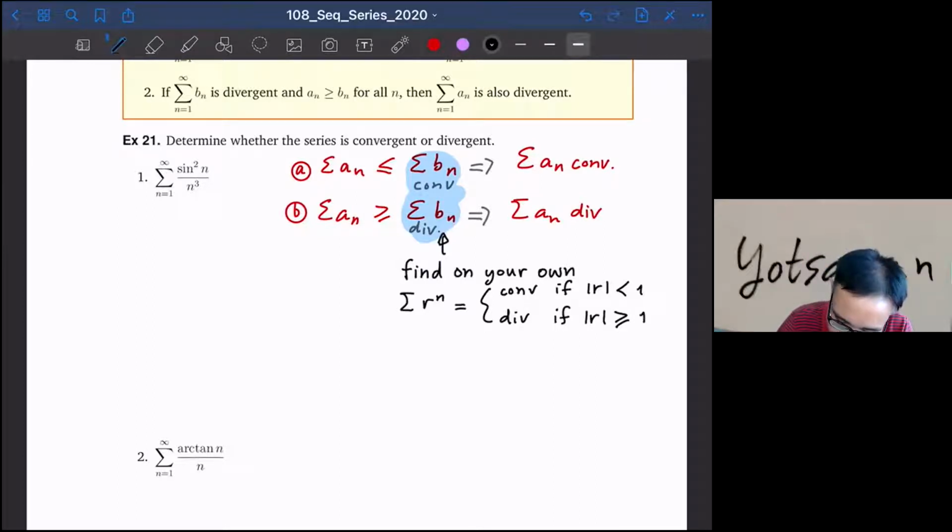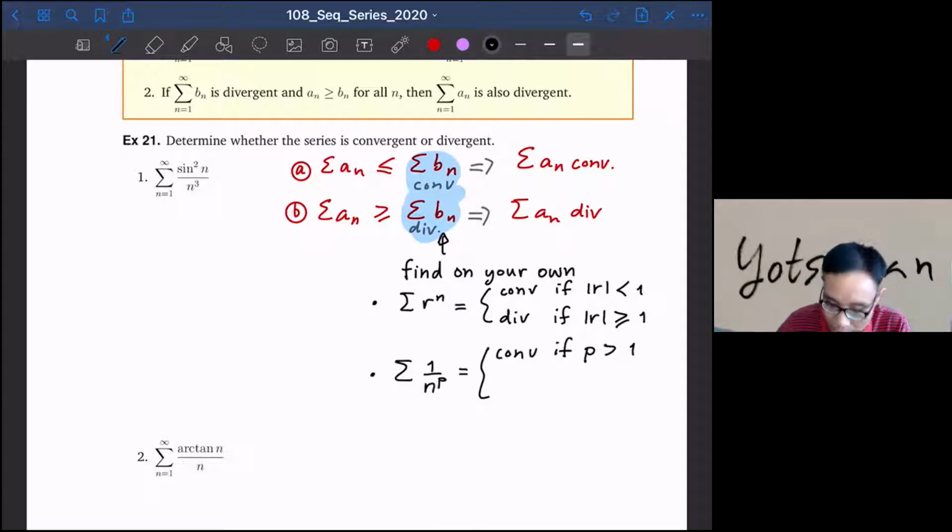Another thing is that the series b_n can be a p-series, so it is going to be 1 over n to the p. This p-series is convergent if you have p greater than 1, and it is divergent if you have p less than or equal to 1.